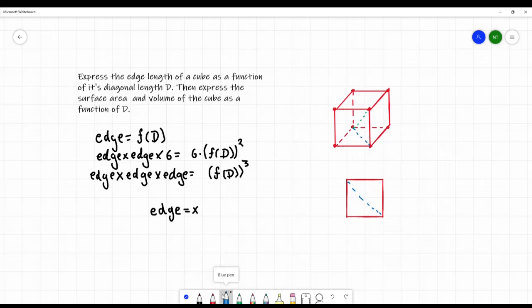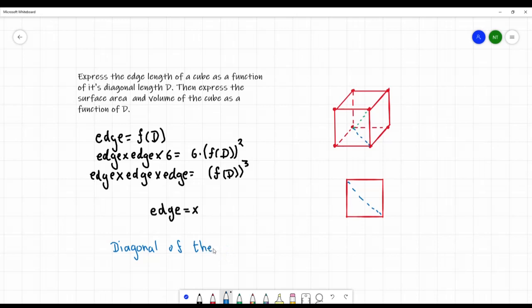Okay, so let me write that down. First we're going to find, I'll write it in blue, the diagonal of the square or the base. Let me write base.